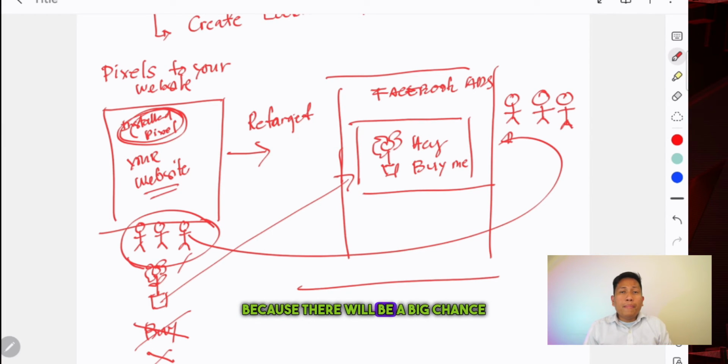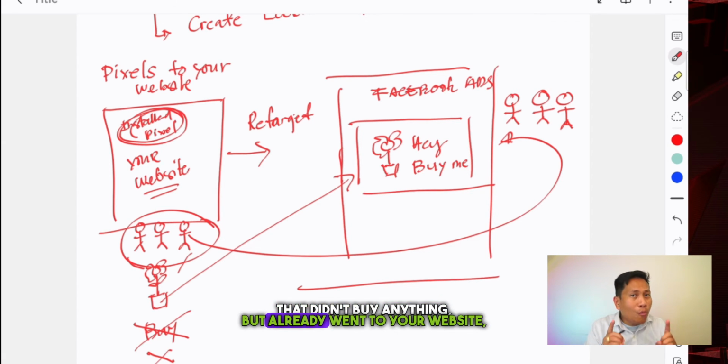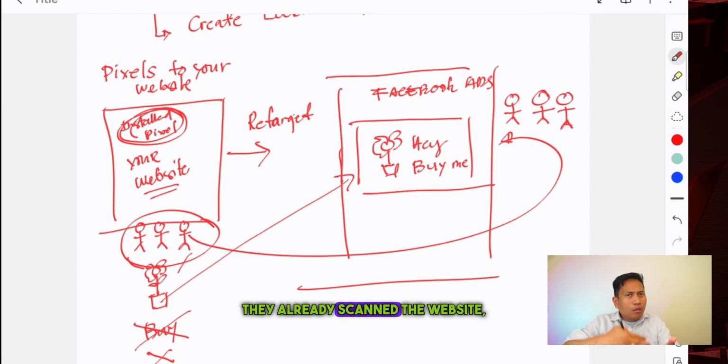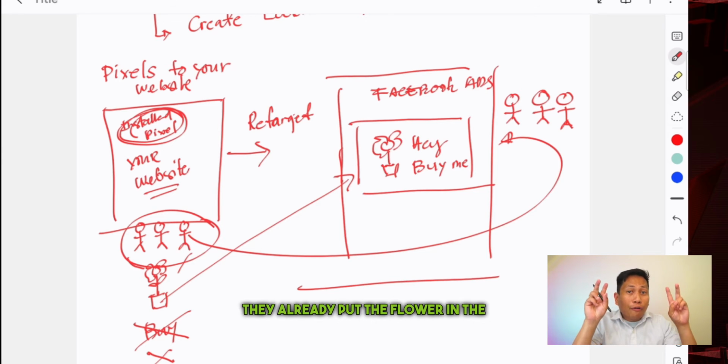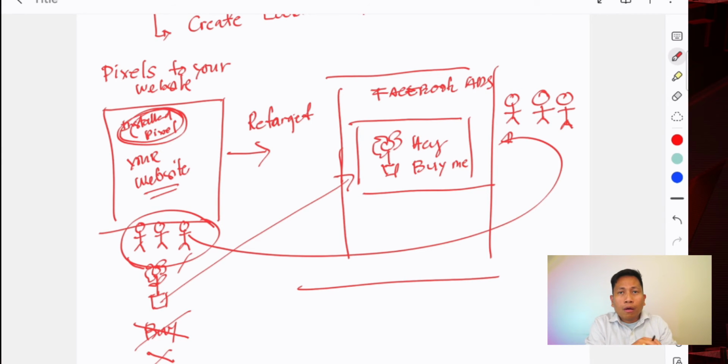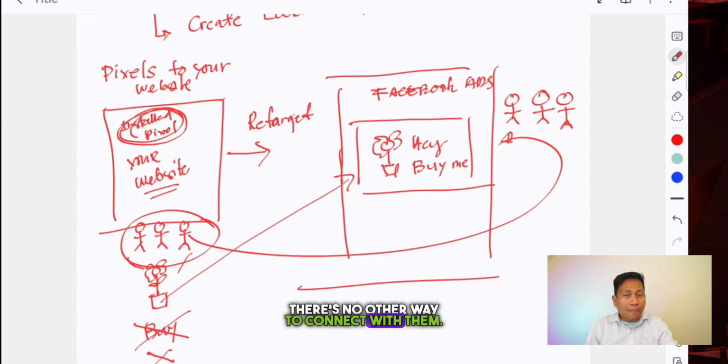There's a big chance that your website visitors who didn't buy anything already scanned your website, looked into it, and even put the flower in the checkout. However, for whatever reason, they left the cart, left your website, and that's it. You don't have any connection, no other way to connect with them.